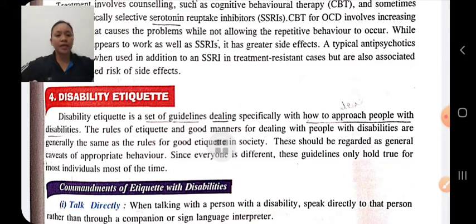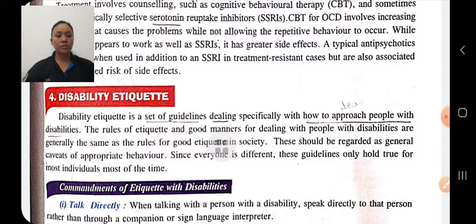It is a guideline for how to deal with a disabled person, the rules of attitude and good manners for dealing with a disabled person.